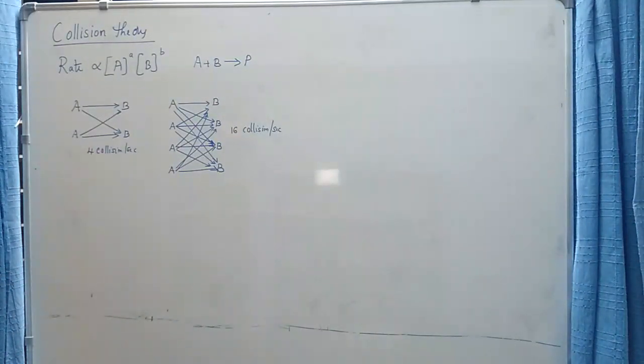The collision theory that was developed in the earlier stage assumed that the rate of the reaction, or rather the rate constant of the reaction, should depend on the number of collisions taking place between the reactant molecules per second.